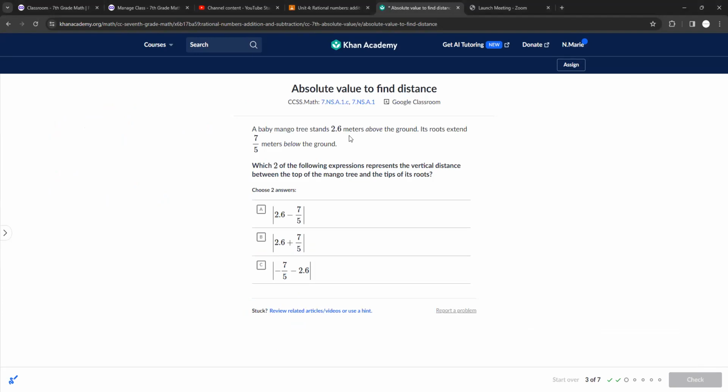A baby mango tree stands 2.6 meters above ground, so that's positive, and that's below ground. So we need to find the distance. To find the distance between these, we would need to add them together or do minus minus.